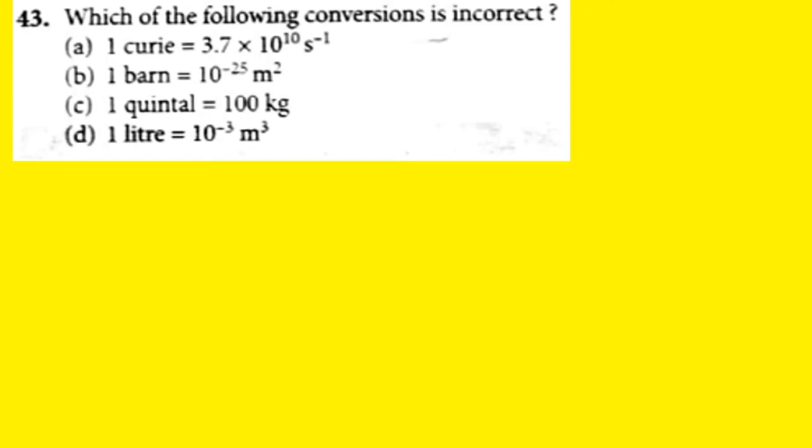So here the answer is incorrect. 1 curie is correct. 1 quintal is 100 kg, and 1 liter is 10 power minus 3 meter cube, it is very easy.